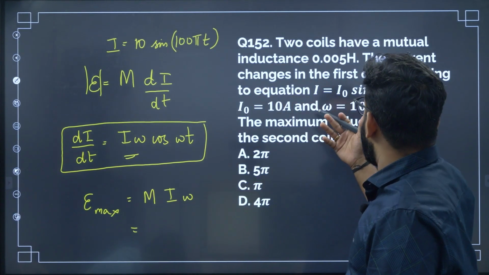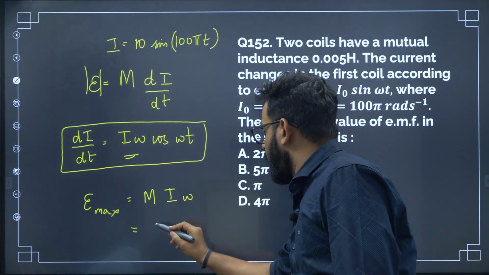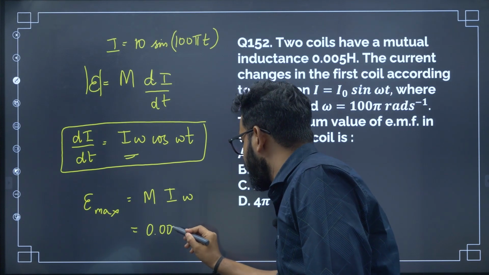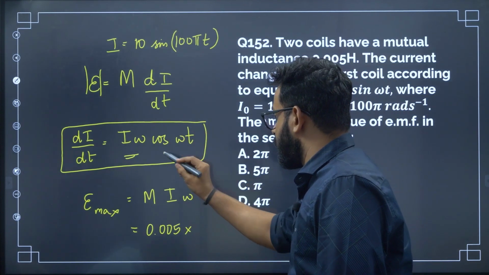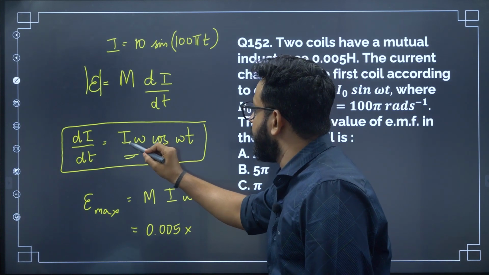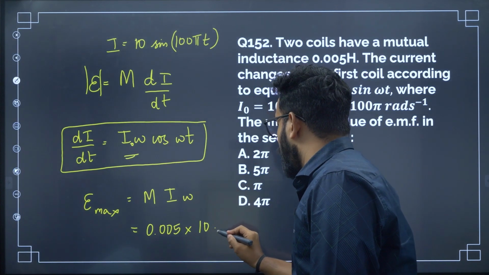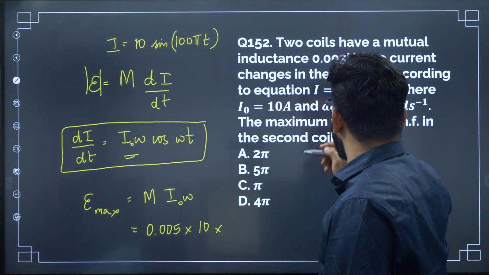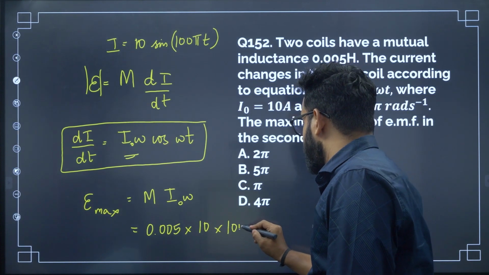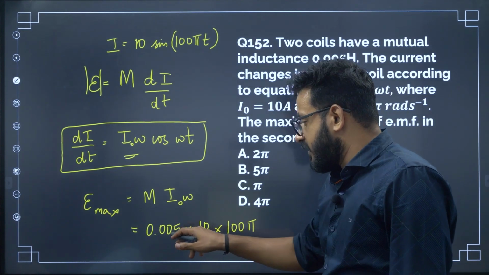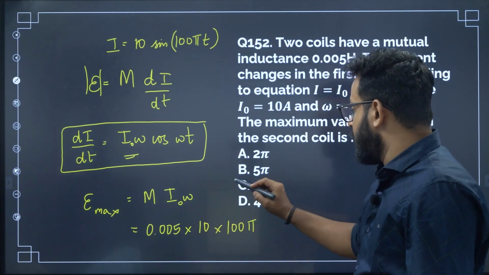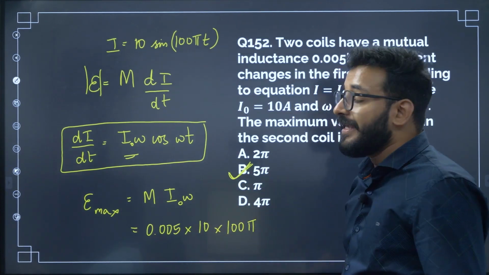M, mutual inductance, is 0.005, into I naught, which is 10, into omega, which is given as 100 pi. When you multiply all of this, 100 into 10 is 1000, 1000 into 0.005 is 5. The final answer is once again option B, 5 pi.